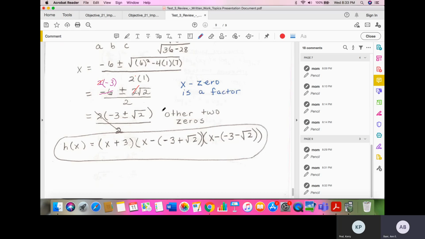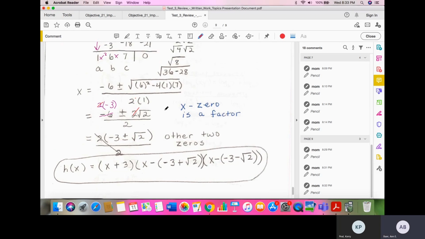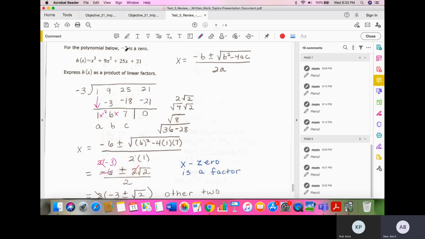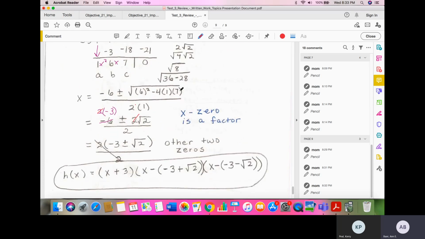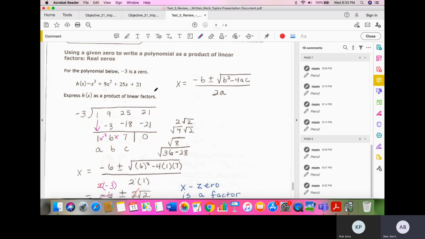So our zeros, we found 3 zeros here. Let's look at what they are. Our zeros are the given 0, which is negative 3, and these 2. And let's make sure we understand, yes, we want to express h of x as a product of linear factors.